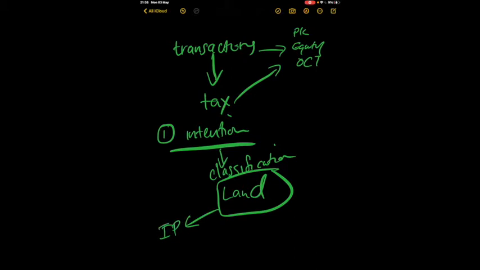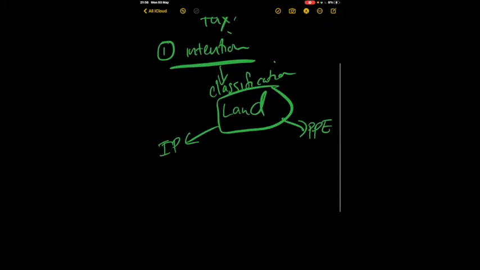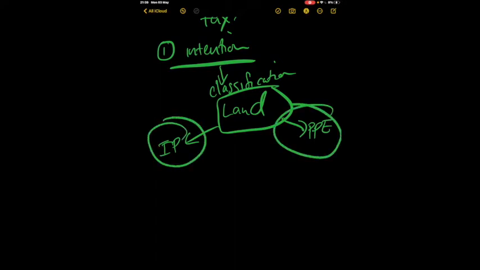If we have that land, and the purpose of the land is that we are going to build our head office, or that we've built our head office on the land, then that land is going to be PPE. So when we're trying to understand how we're going to account for deferred tax, it's very important that we first determine whether it is investment property or PPE.